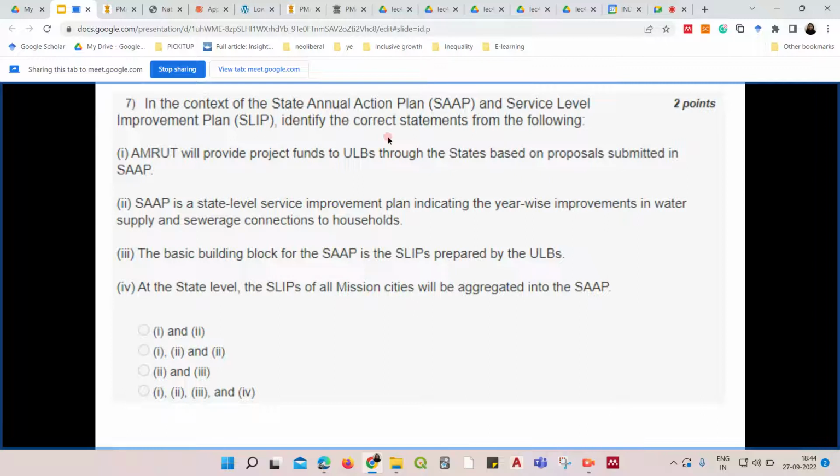This question talks about SAAP and SLIP. The question is, in the context of State Annual Action Plan (SAAP) and Service Level Improvement Plan (SLIP), identify the correct statements from the following.